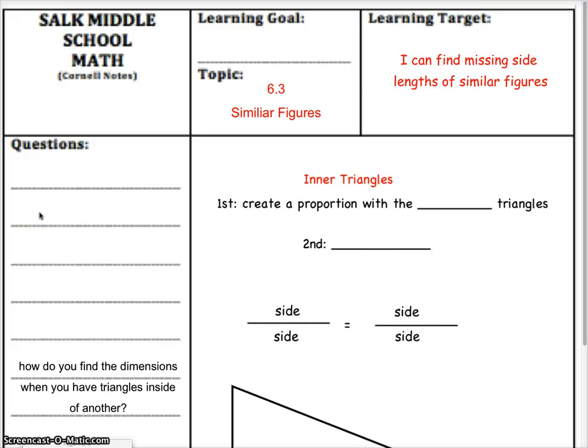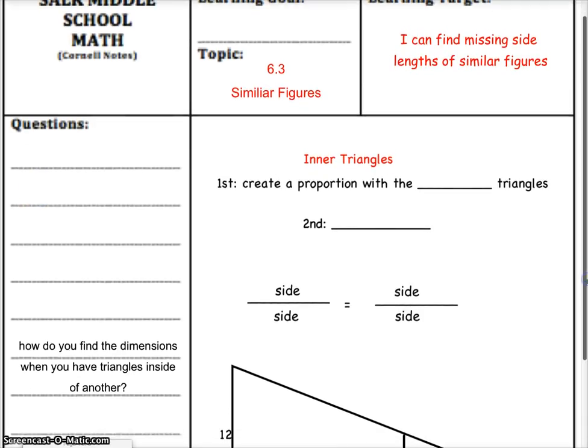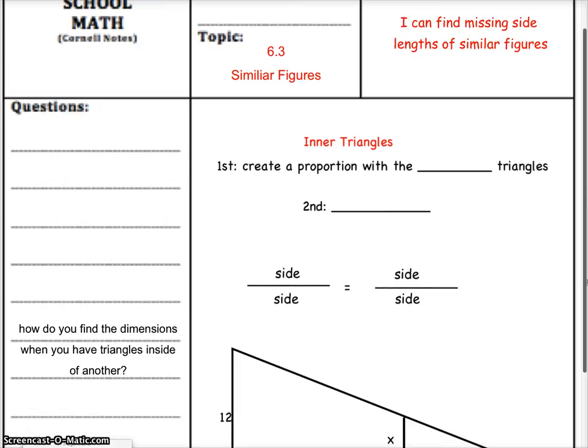Okay, a more difficult concept aligned with similar figures is inner triangles or inner shapes. The thing is, you need to be able to visualize the two triangles. It will look something like this. So you have a big triangle, and you have a little triangle.